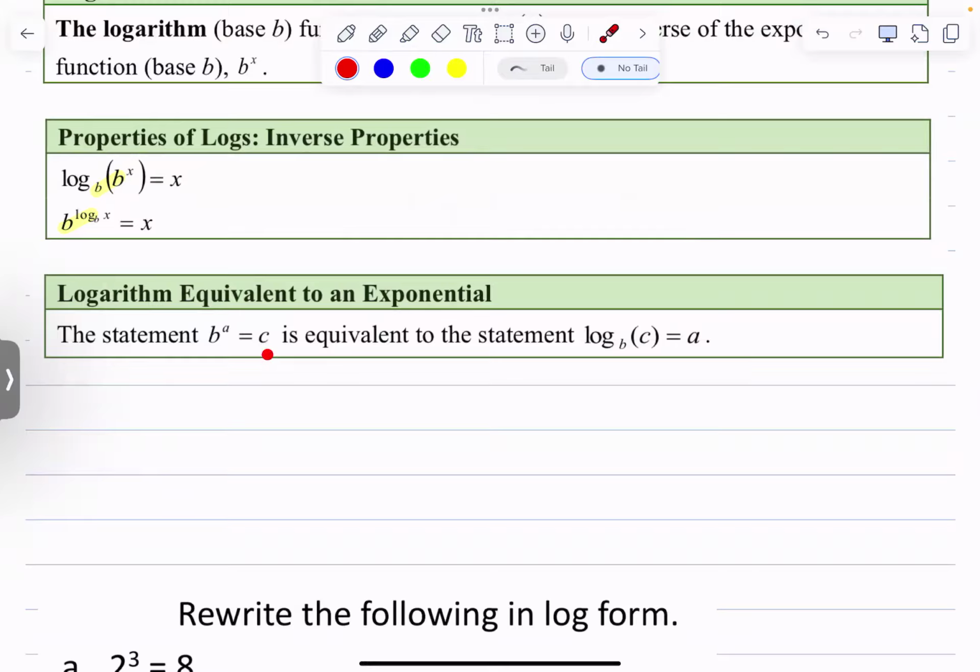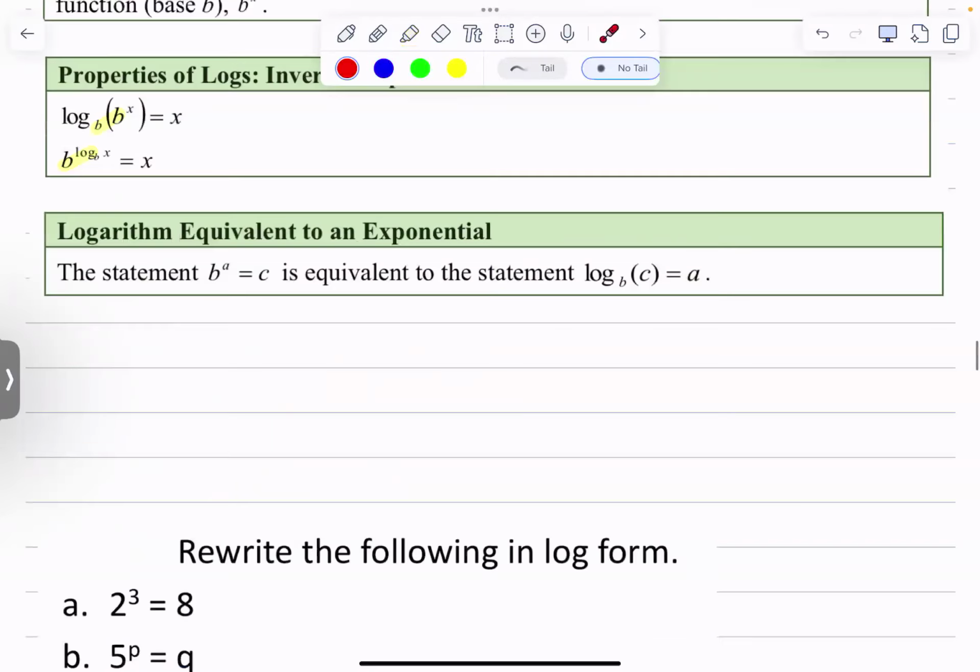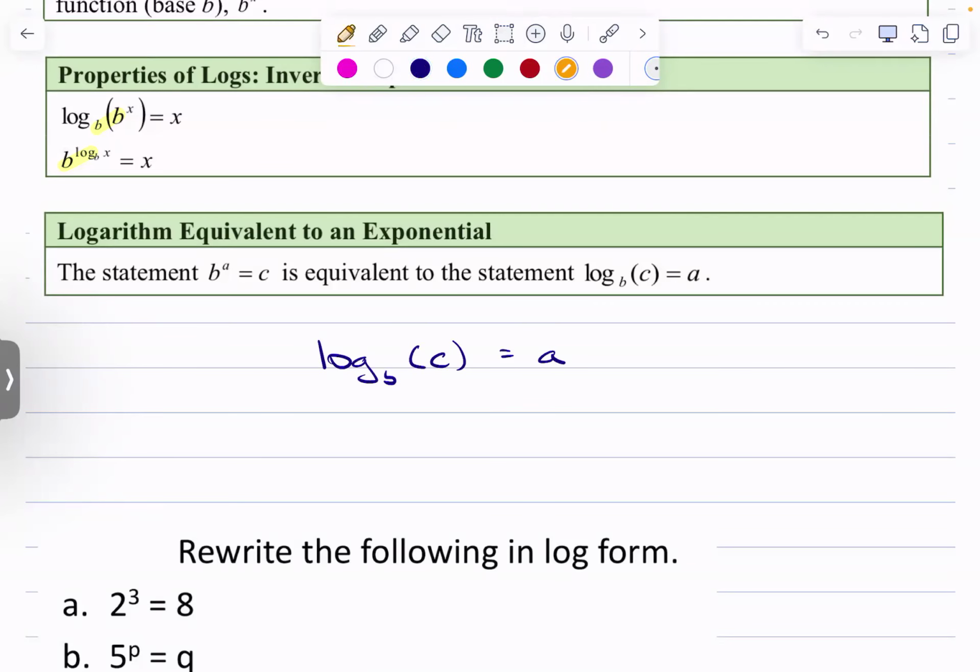Those are the inverse properties, but the one we use the most is the fact that b to the a equals c is equivalent to saying log base b of c is equal to a. How I remember this, and I'm going to write it down: log base b of c is equal to a. What I do first is take b to the power of a.